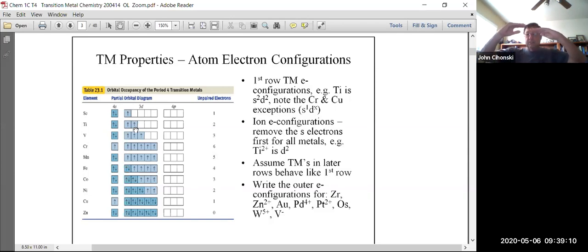We have calcium here, essentially, and as we add electrons, we add what? Obviously an electron, and we add a proton to the nucleus. So the nucleus is getting larger, and it's pulling the electrons down, meaning it is shrinking the size of the atom, which is what we talked about happening in the main group as well, correct?